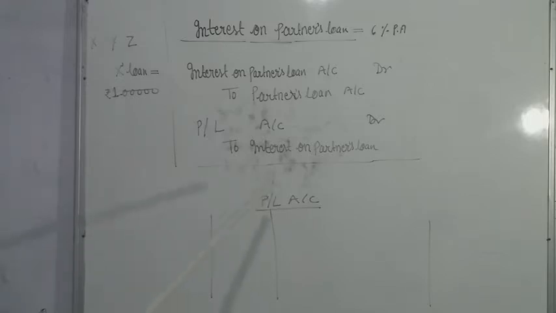So this amount of interest will be debited to PL account, not in PL appropriation. We have to record interest on loan in PL account. So this is the entry when interest is allowed to partners, and this is the entry when interest on partners loan is debited to PL account as an expense.